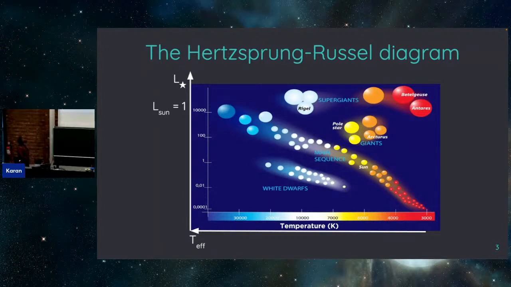You can see that most of the stars lie on this diagonal, and we call this the main sequence. That's where stars spend most of their life, living on the main sequence. After they evolve off the main sequence, they can appear as giants, supergiants, and red or blue supergiants. And then some of them end their lives as white dwarfs.